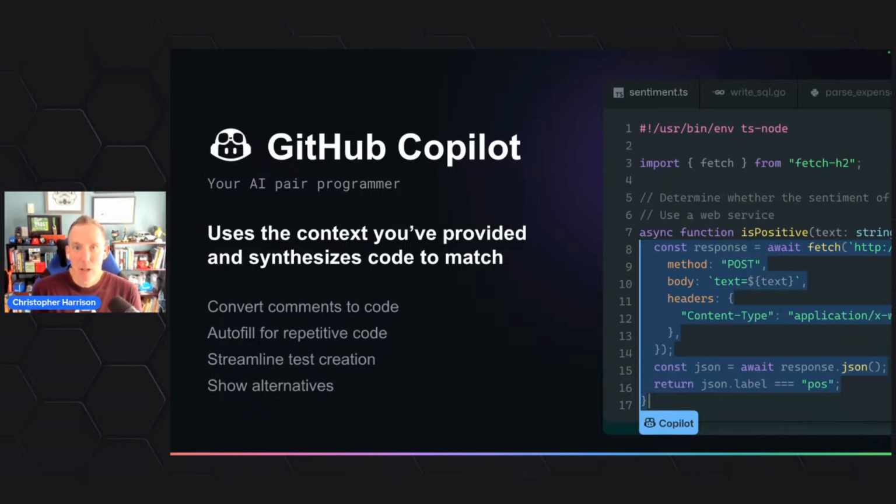As a result, it might not always give you exactly what you're looking for. So you can see different alternatives sometimes, or maybe you can go back and rephrase the comment or rebuild your code, or if you're using chat, build upon what you're doing to help point it in the right direction.